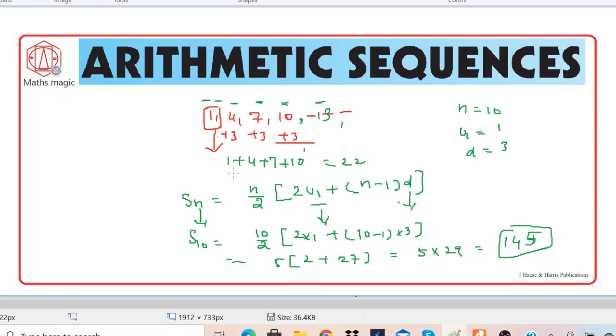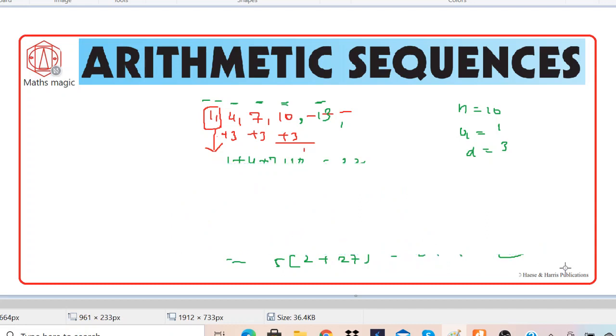For the sum of an arithmetic sequence, we have one more formula which is really helpful. So I'll write that formula also. If you already know the first term and the last term till which you want to add. So for example, you want to add from the first term to the fourth term.